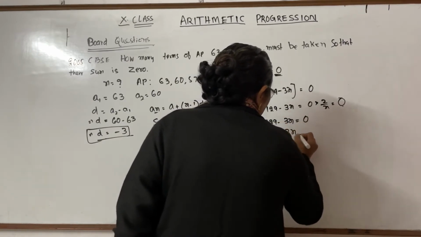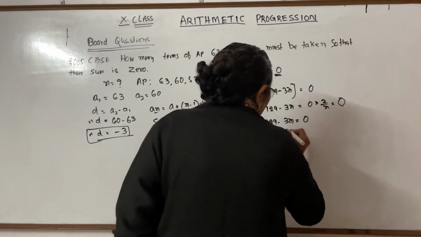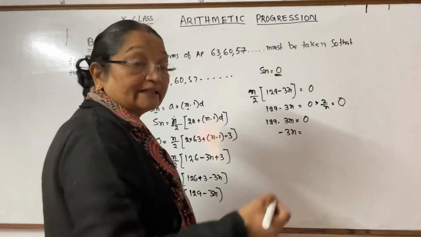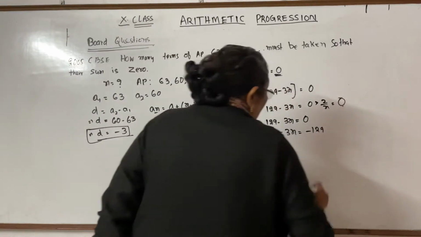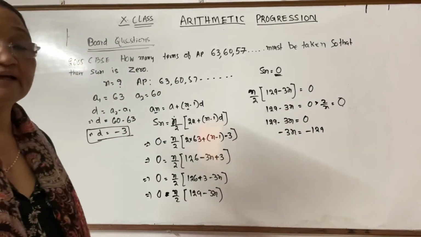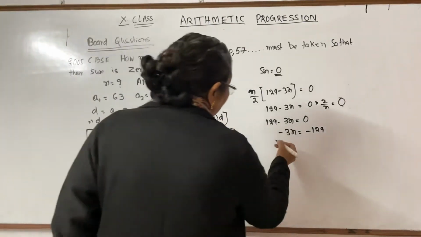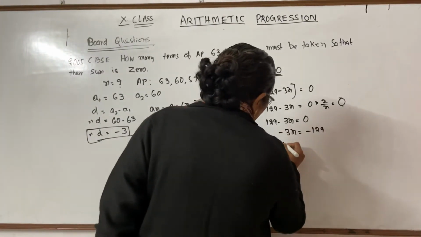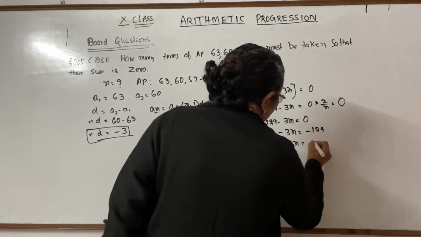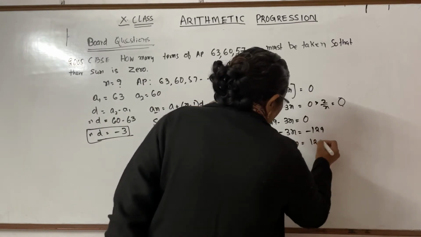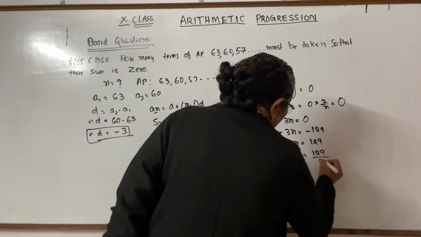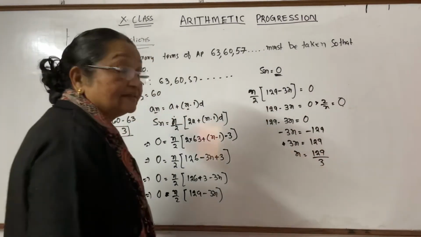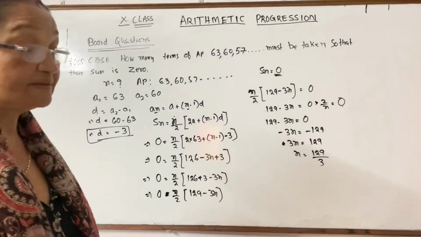Minus 3n equals minus 129, since 129 goes to the other side. Multiplying both sides by minus, we get 3n equals 129. So n equals 129 upon 3, because when 3 into n goes to the other side, it becomes division.